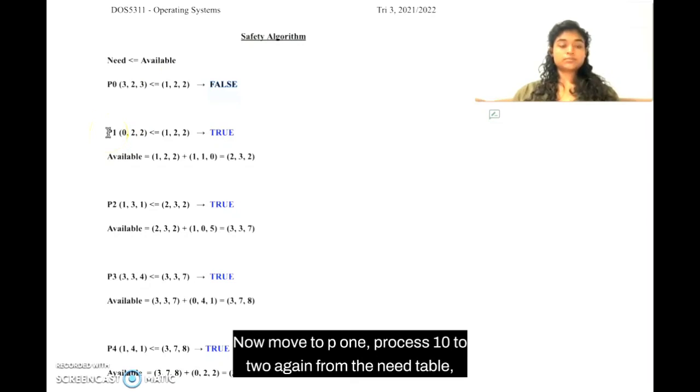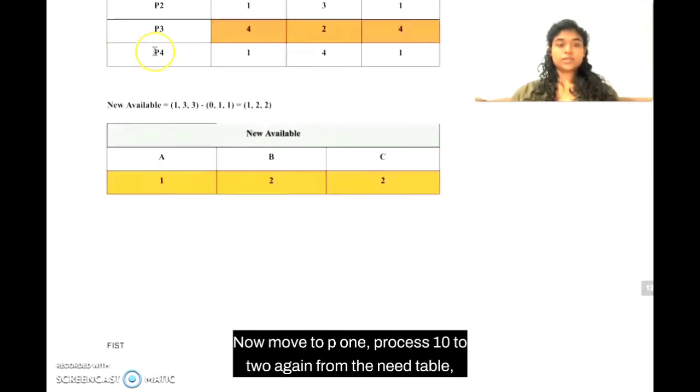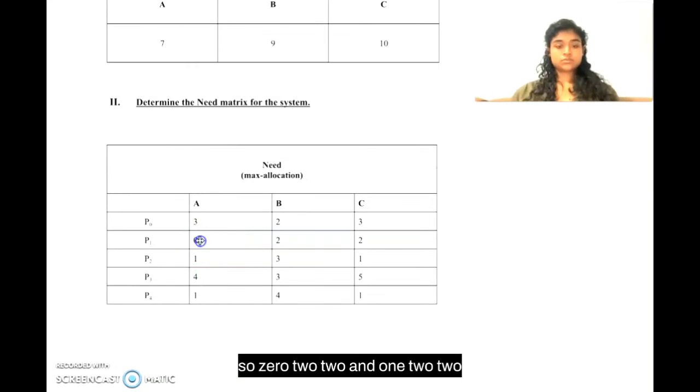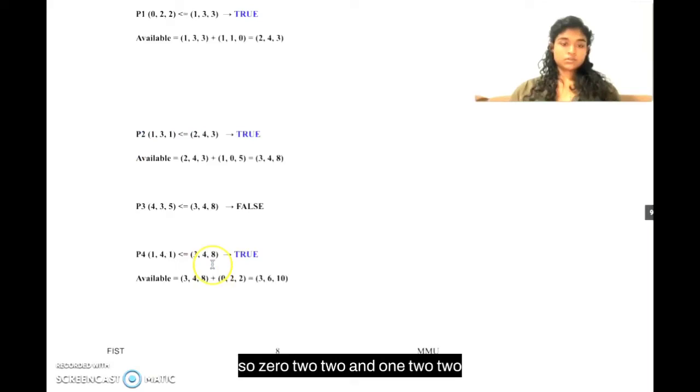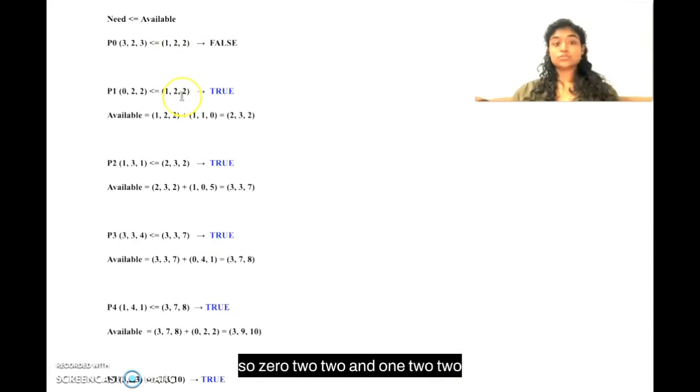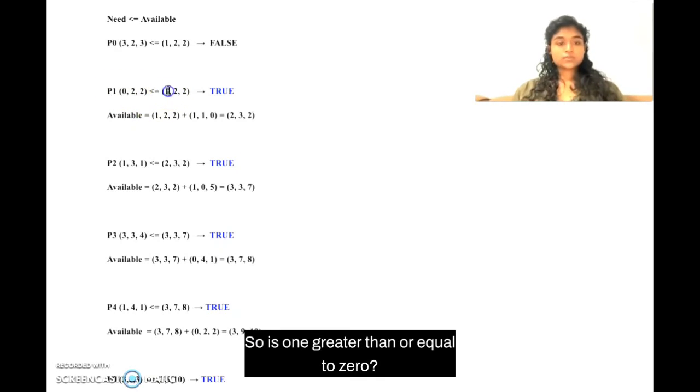Now move to P1, process 1. Again from the need table, it's 0, 2, 2. And 1, 2, 2 is the available. Since P0 was declined, we use the same available. Is 1 greater than or equal to 0?